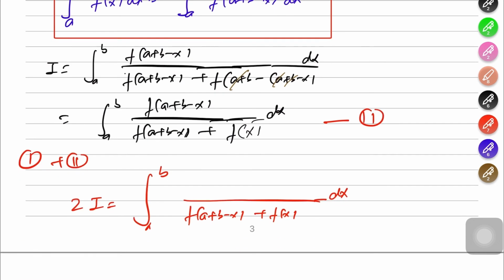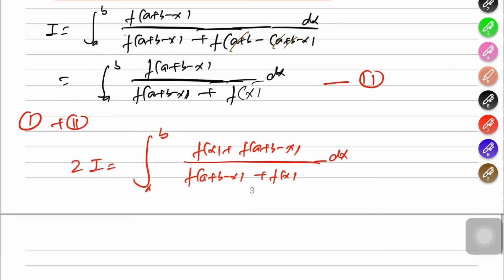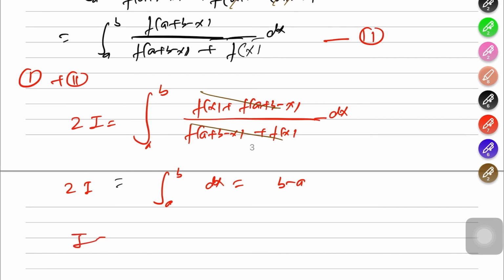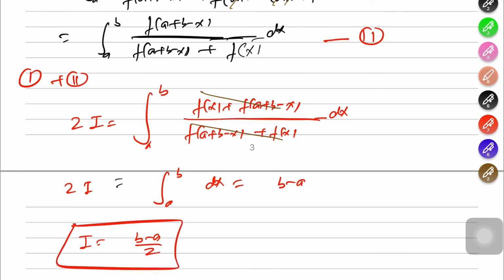So we'll add both numerators, f(x) plus f of a plus b minus x. Now we clearly observe that the numerator and denominator are the same and they cancel out, and it becomes the integral from a to b of dx, and that is nothing but b minus a. So 2I is b minus a, hence I is equal to (b minus a) by 2. Okay, that is the proof.